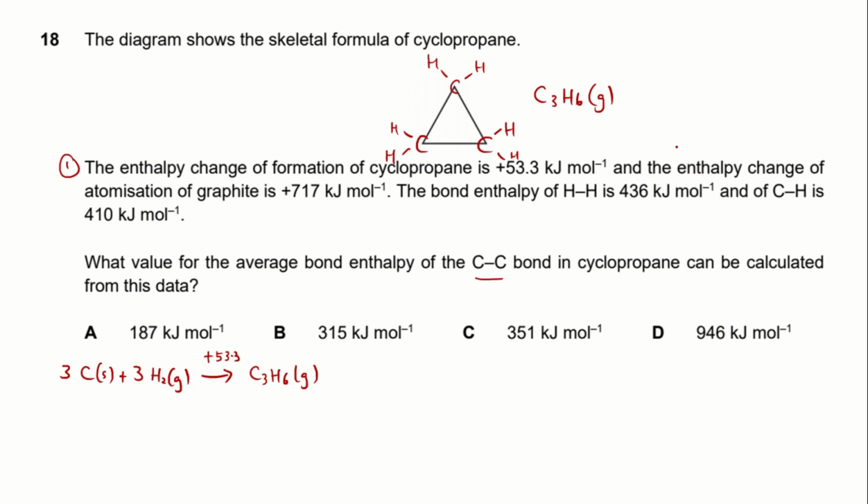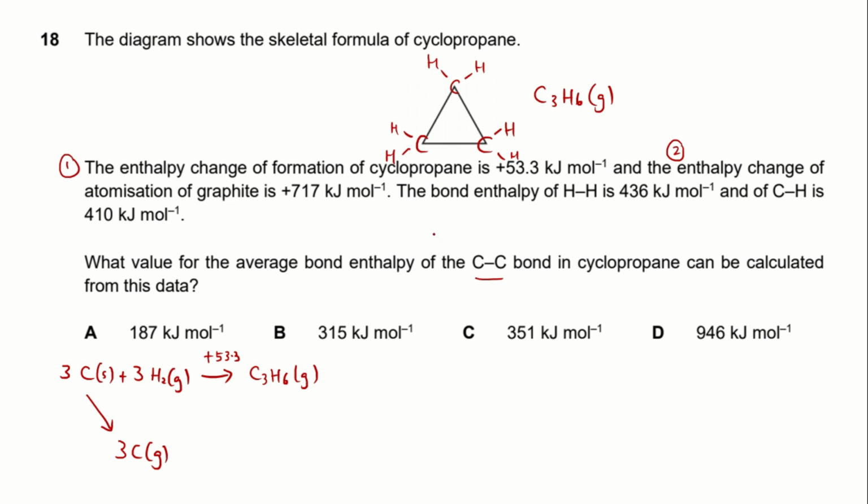And the second information, we are given the enthalpy change of atomization of graphite. Enthalpy change of atomization is for breaking all bonds to form 1 mole of gaseous atoms. So we want to get gaseous carbon because graphite is actually a type of carbon. Breaking all the bonds in this solid carbon, we are going to get 3 moles of gaseous carbon atoms.